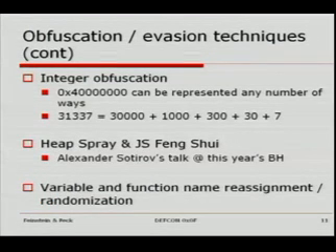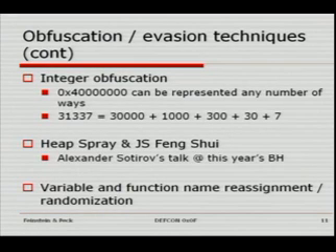Another technique is integer obfuscation. If you could imagine, if you will, that you're an attacker and you want to encode a particular integer value into your script, be it a port number, a key to some value, any number of reasons. Well, there's essentially infinite ways you can represent that integer. You could basically create that integer dynamically using any of the mathematical operators at your disposal.